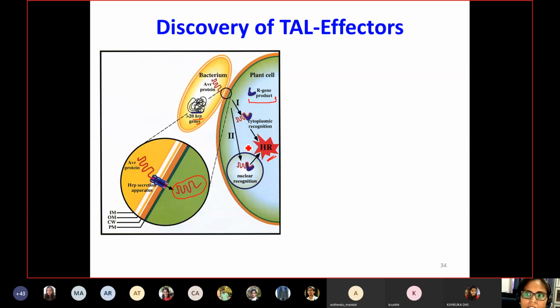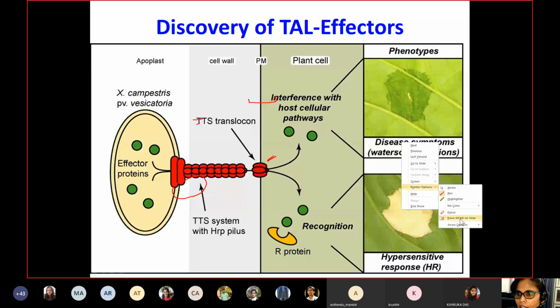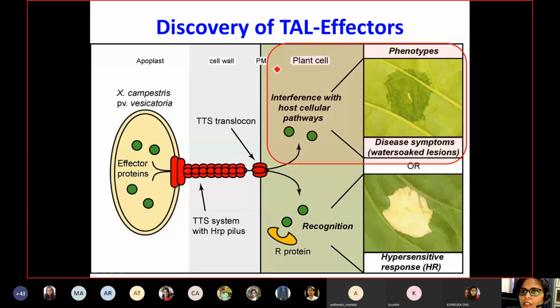And what this response is physically, how you can see that, is shown in this picture. For example, in the first case, the effector gene is coming into the cytosol, but it is not meeting any R gene. So there is no cognate R gene.